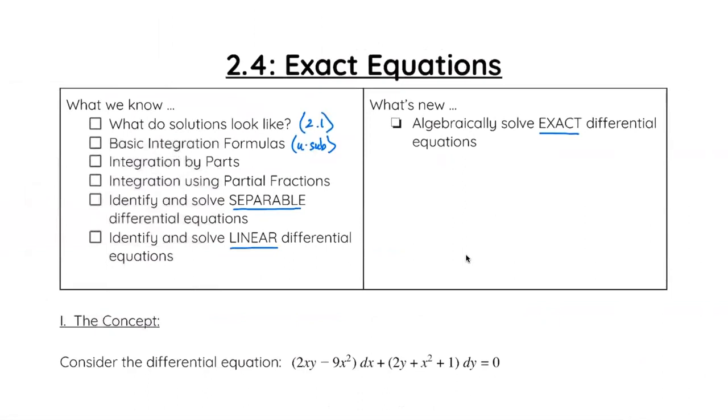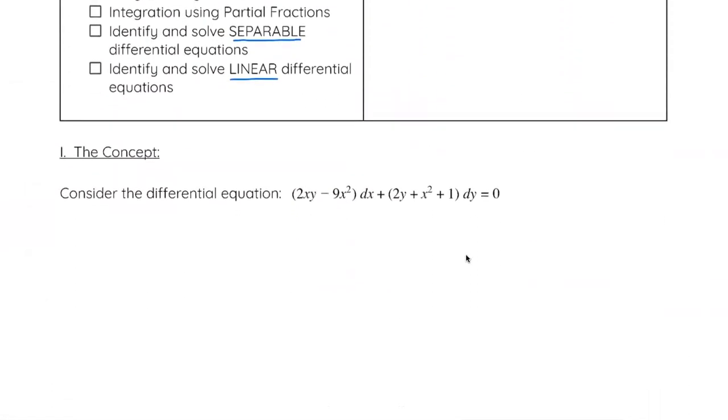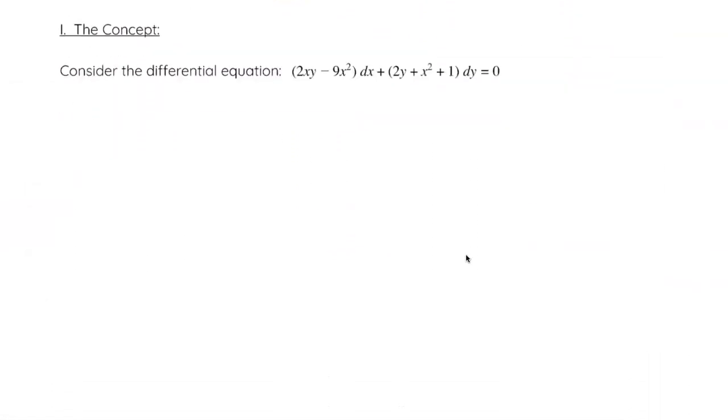All right, so knowing that that's what we know, and this is what's going to be new, let's start talking about the concept here. Okay, now as I mentioned yesterday, when we're talking about these types of differential equations, I generally like to start with a very variable heavy equation, something that's super general, so that we can then list out the steps and use that to guide our work in all sorts of exact differential equations.